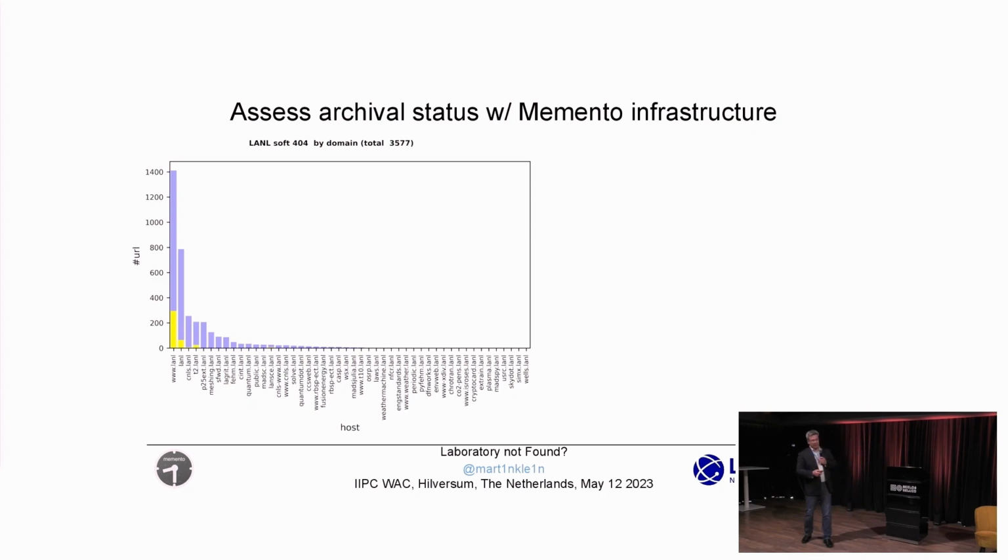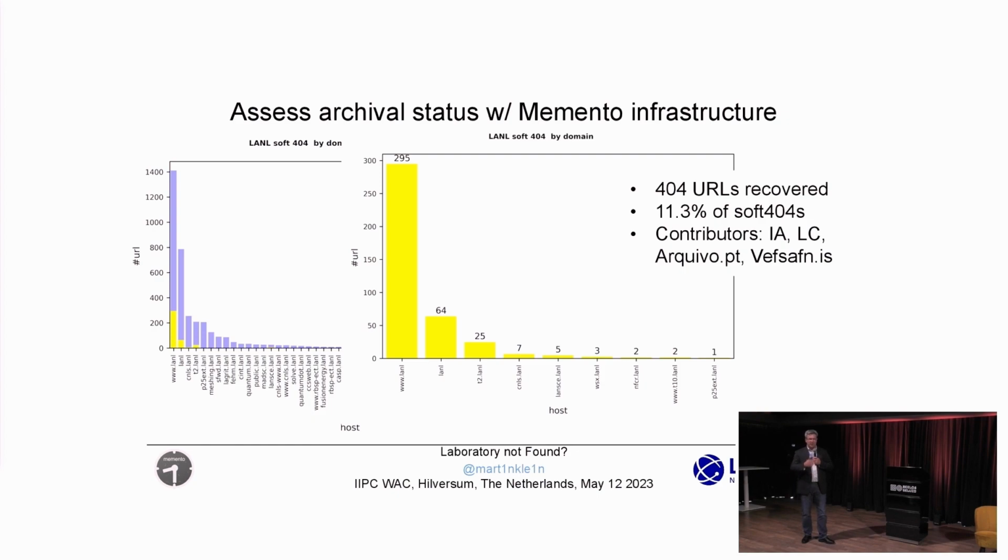And again, this is really hard to read, and that's intentional. So I blew it up a little bit. And you see most of the pages that we were able to recover are from lanl.gov and www.lanl.gov, which is kind of intuitive because web archives are also often focused on popularity. So index pages are probably more frequently archived than some other crazy subdomains.